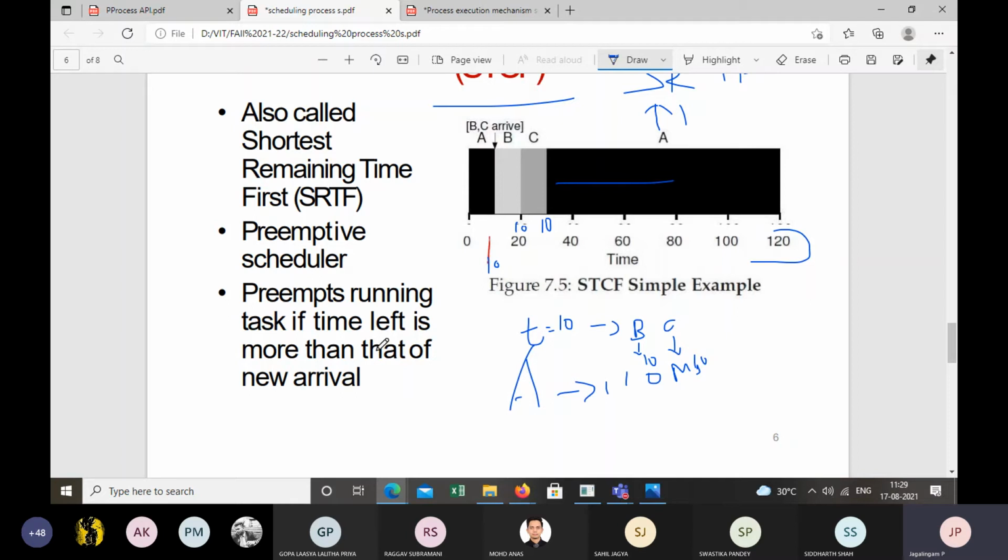So at time t equal to 10, the operating system stops the execution of process A. Now, when it stops, what happens? In the kernel stack, what do we store? Old PC values of A. Yes, the program A may have multiple lines of instruction.